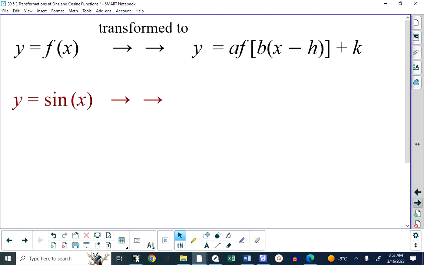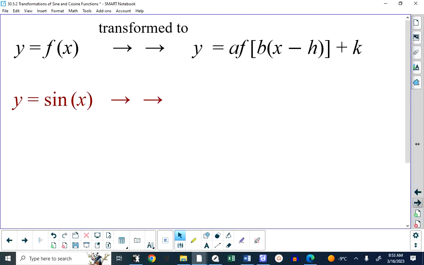However, if we take y equals f of x and transform it using that template, this template on the top right corner of your screen is from your formula sheet. I think most of us just know it, and we don't really need to refer to the formula sheet very often, but there it is. If you apply that to sine of x, then we're going to have a times f of b bracket x minus h.